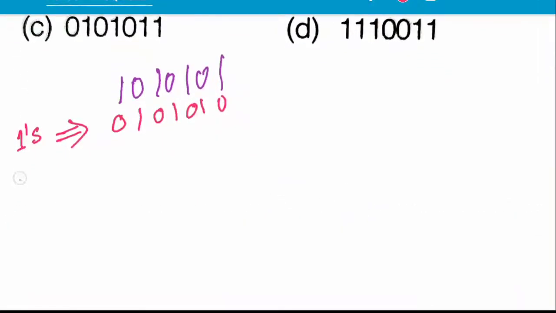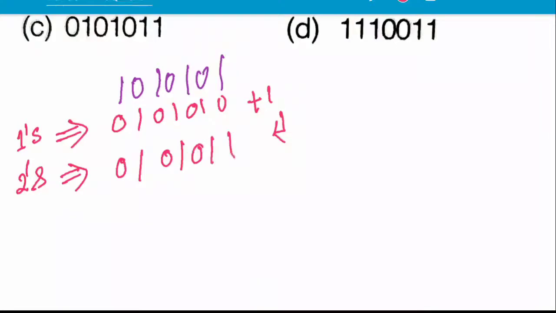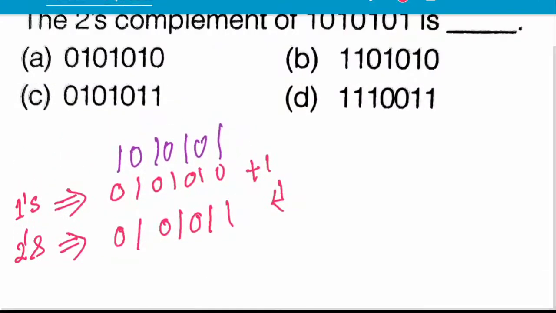And next, 2's complement is the addition of plus 1, that is 0101011. This is the 2's complement, 0101011. Which one is this? This one is option C.